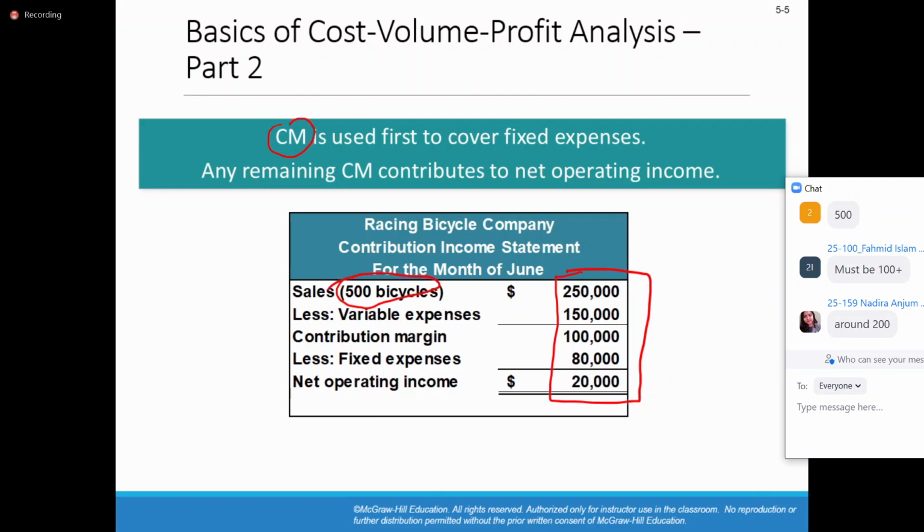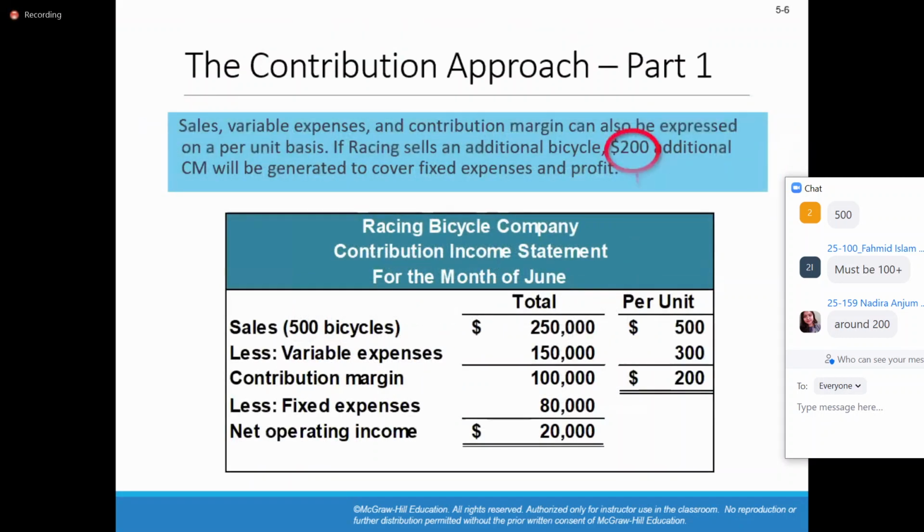So what can we do? We can insert a new column on the right side and see what happens on a per unit basis. For 500 bicycles, we have 250,000 sales revenue. We can get the per unit selling price by dividing this number by 500. So we will see that the selling price per bicycle is $500.